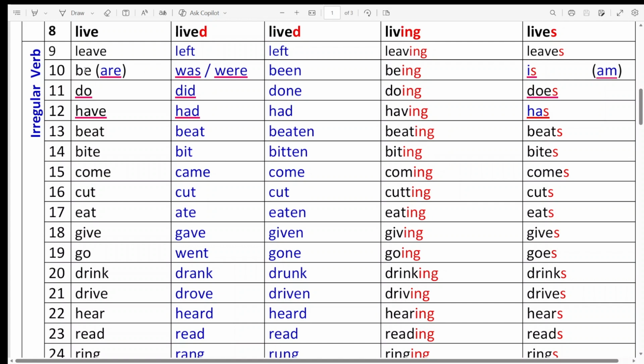So here you see 10th number, be. Be has R, here R in brackets, because R is a plural verb. So I have placed it in the V1 group. Whereas M, I have put it in the V5 group because M is used in present tense. This is a present tense verb and this is a singular one. But this is specially formed, which means M is a special form.